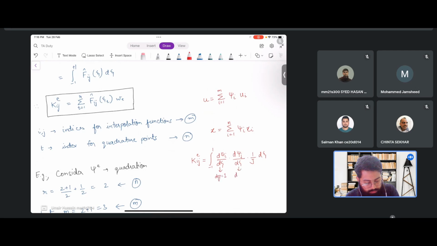The other also has degree equal to 1. And what's the degree of Jacobian? Can someone tell me? If we are transforming a linear 1D element to its linear simple natural coordinate system, what would be the degree of Jacobian or 1 upon Jacobian?